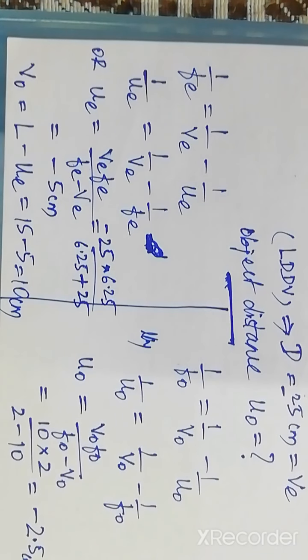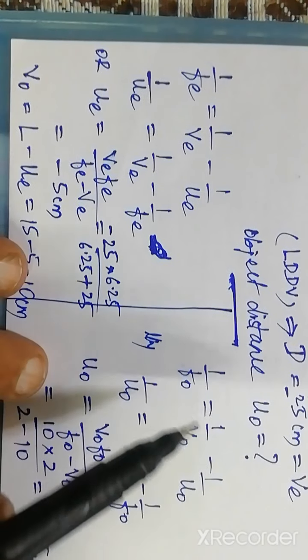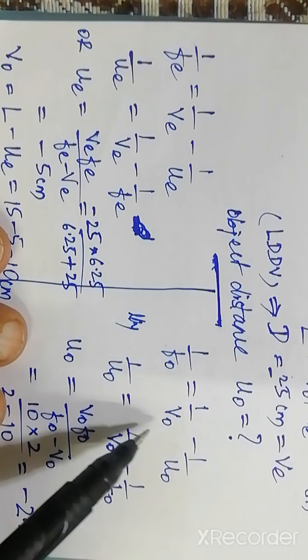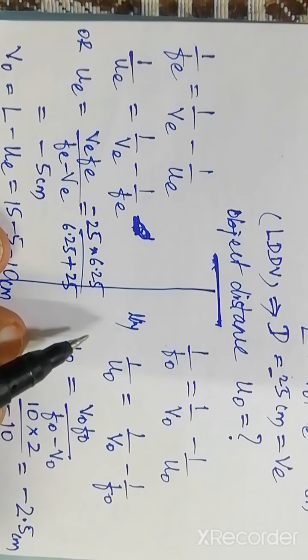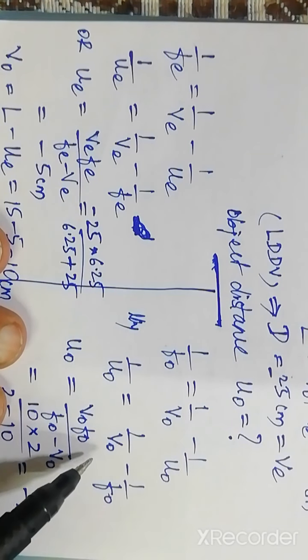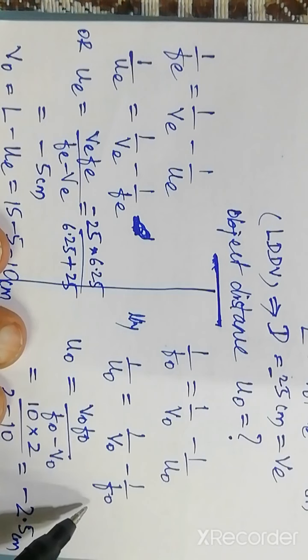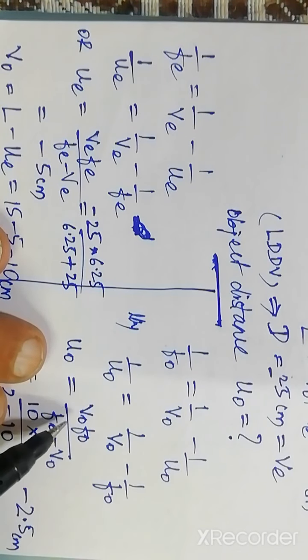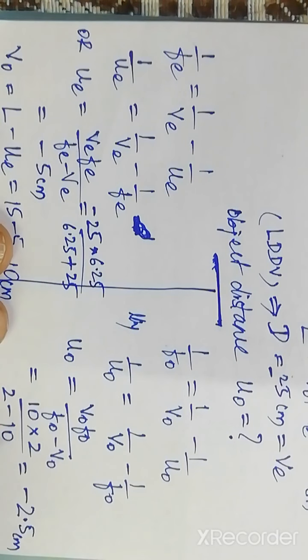Knowing the image distance VO and focal length FO, we can calculate UO. Once again using the lens formula, 1 by FO equals 1 by VO minus 1 by UO. 1 by UO equals 1 by VO minus 1 by FO. So determining UO, substituting the values for VO, FO, we get the object distance for the objective lens as minus 2.5 centimeter.